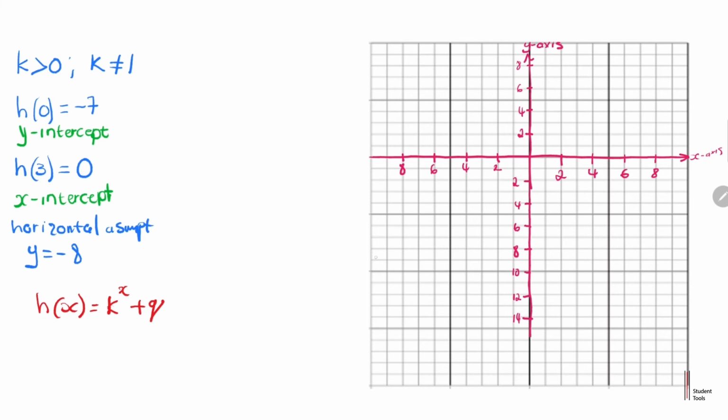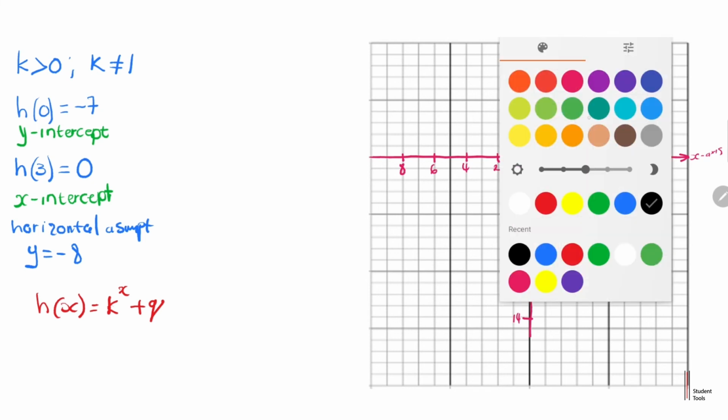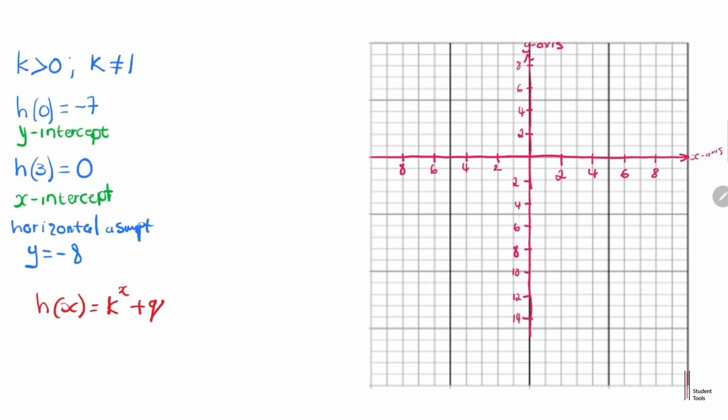Our asymptote is at y equal to negative 8, so let us correct the negatives here.